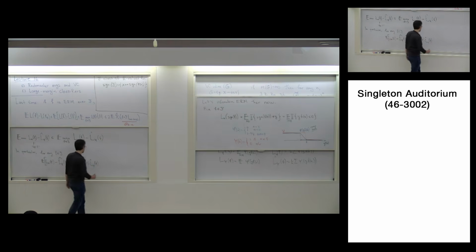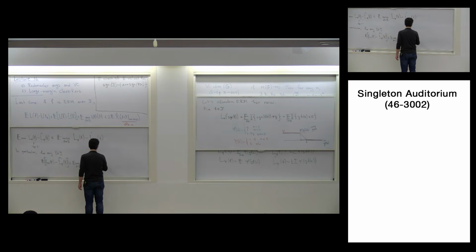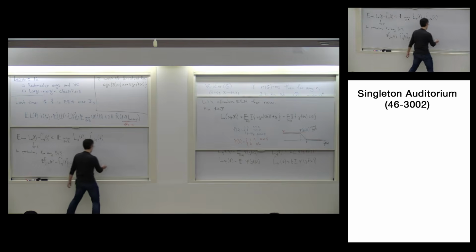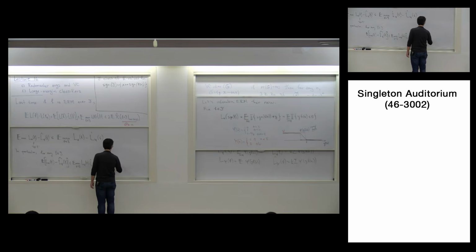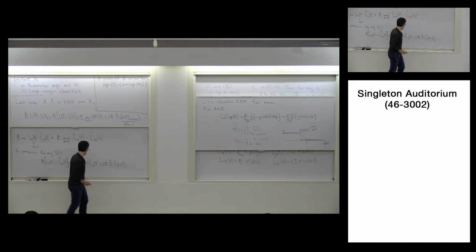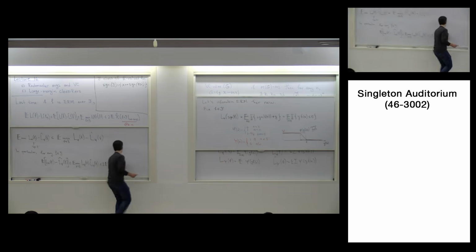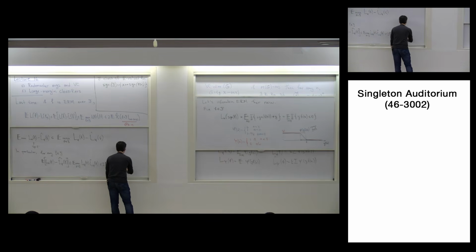So the right-hand side gives me, well, I can do symmetrization now. So I get 2 expected Rademacher averages of phi composed with f projected onto the data, x1, y1 through xn, yn.